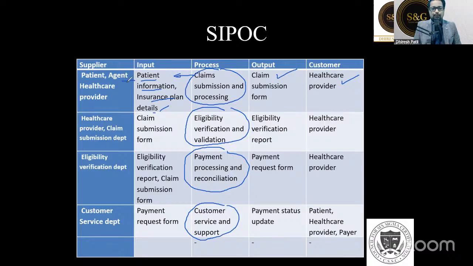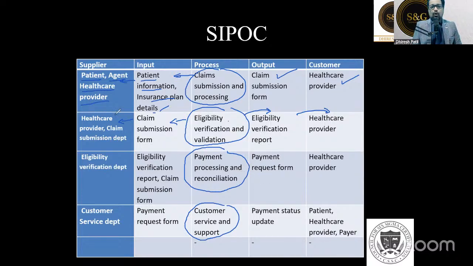Who are the input providers? Patient information will be provided by the patient, the agent, and the healthcare provider. These are the suppliers of the input. Similarly goes the second process, eligibility verification. What is the input? Who provides the input? What is the output, and to whom does it go? And then the entire SIPOC is created.